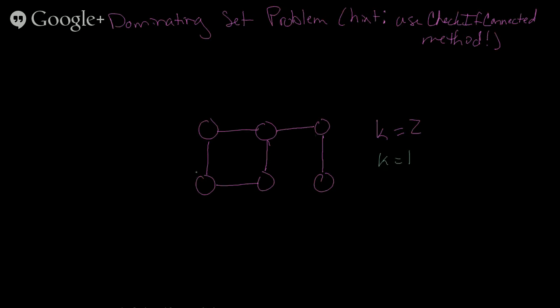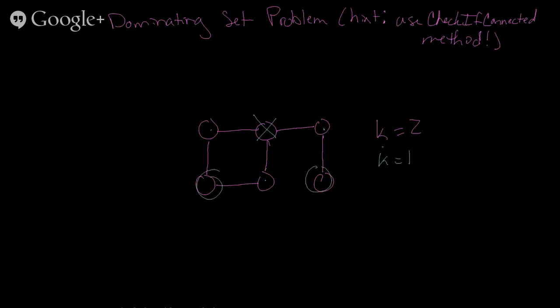So if we pick this one, for example, then this is connected and this is connected, but you're still missing this one and this one and this one. Or if you picked this one, then this is good, and this is good, and this is good, but you're still missing this one and this one.